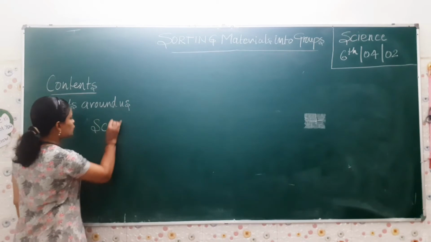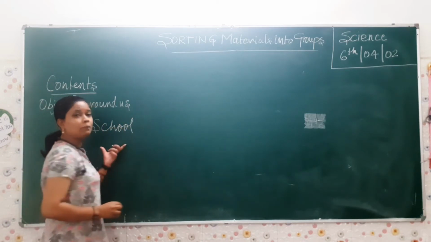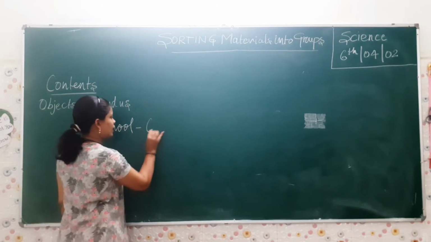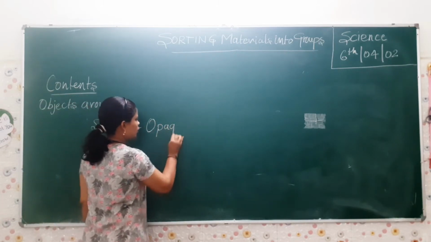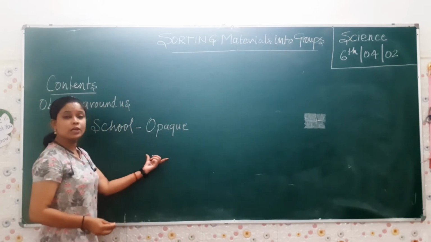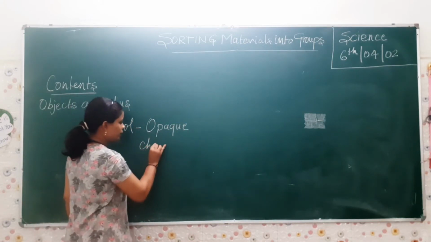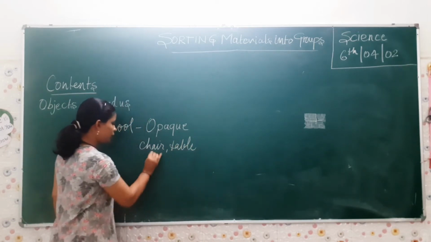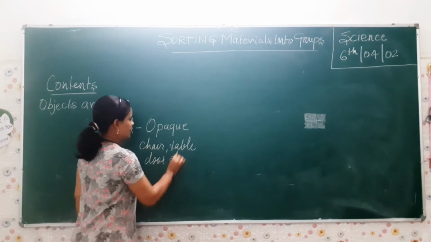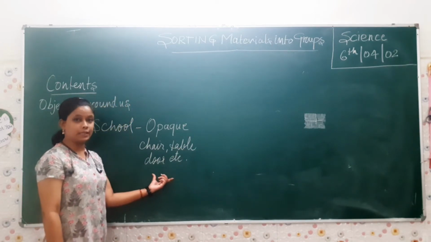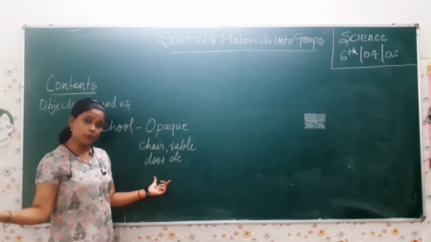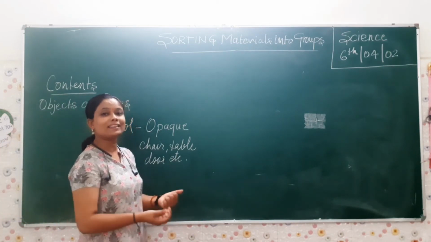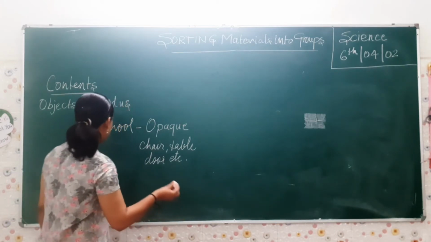Suppose you are in a school. What type of objects would you mainly see in the school? They are always opaque objects. Opaque object means what? Chair, table, door, etc. These are the things you see. And when you travel from your home and reach the school, what things are you going to see in your environment?